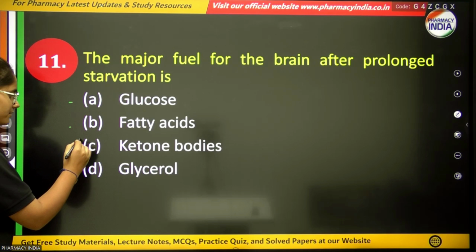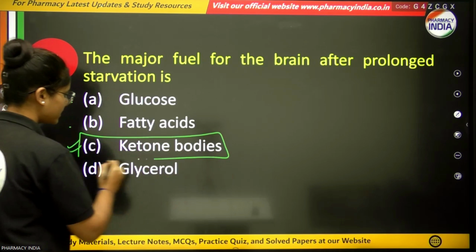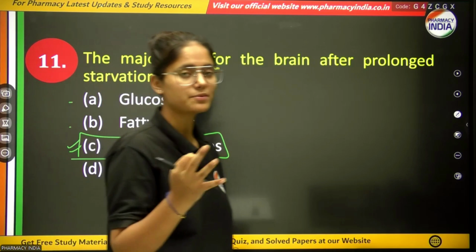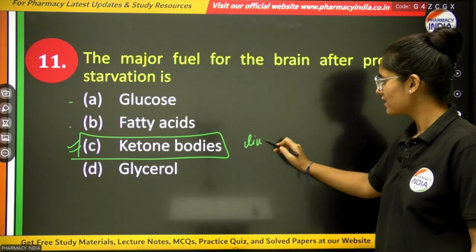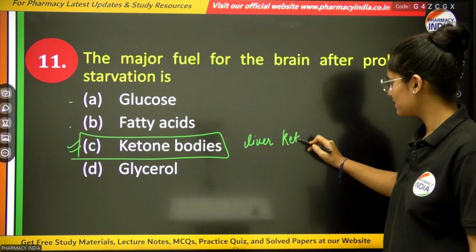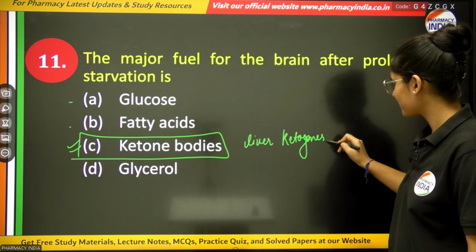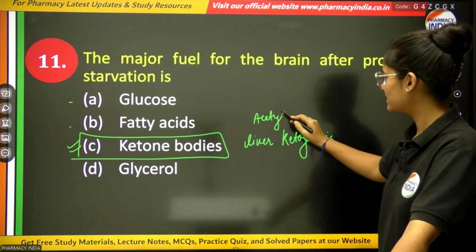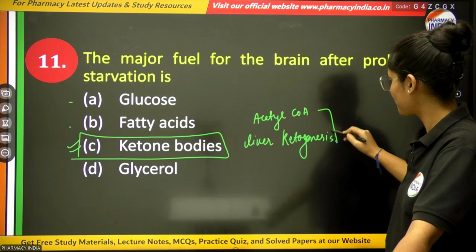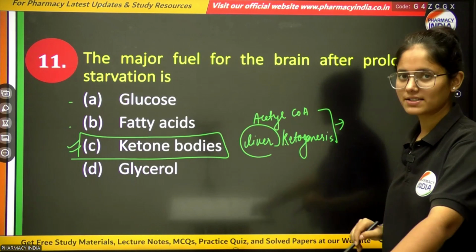So the correct option will be ketone bodies. Our body contains three types of ketone bodies which are synthesized in the liver by the process of ketogenesis, and the precursor of ketone bodies is acetyl coenzyme A. All right, it occurs in liver.